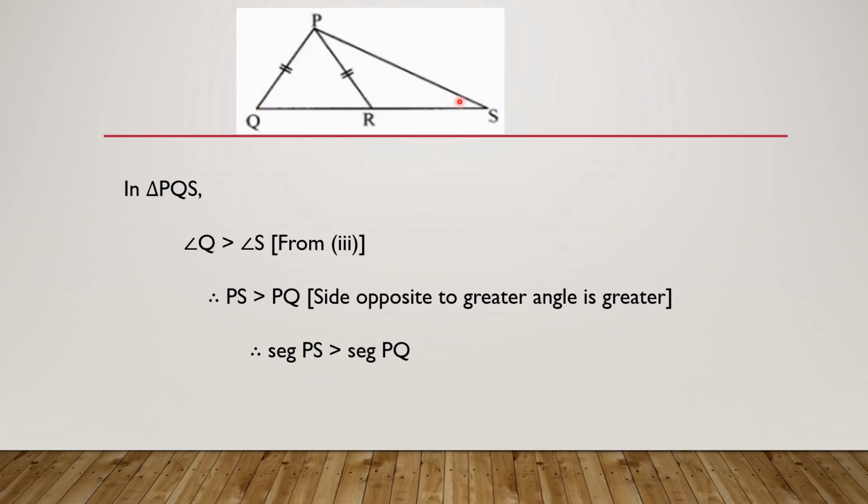Therefore, what is the opposite side of angle Q? Segment PS is the opposite side of angle Q, and segment PQ is the opposite side of angle S. Therefore, PS is greater than PQ, that is because of side opposite to greater angle is greater. Therefore, segment PS greater than segment PQ.